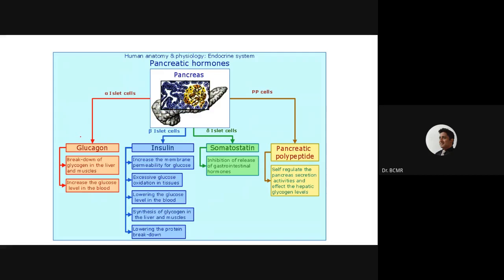So glucagon, insulin, and somatostatin have related functions in a way. First, glucagon is involved in glycogenolysis. That means it will break down glycogen to glucose in different cells.